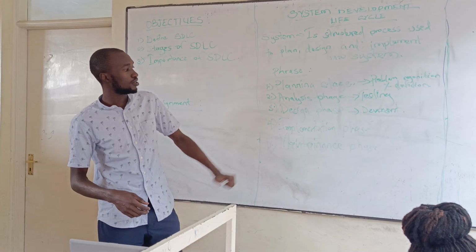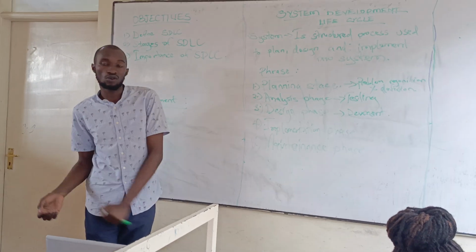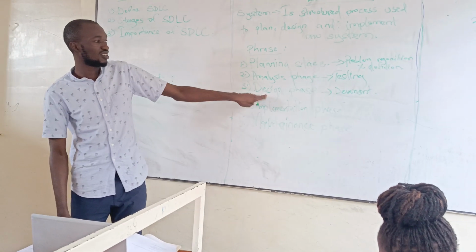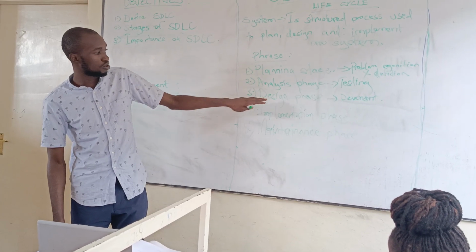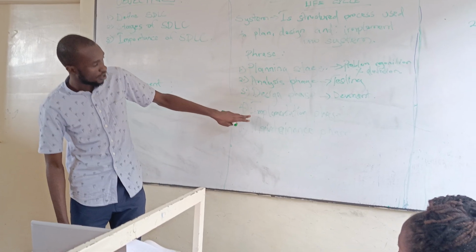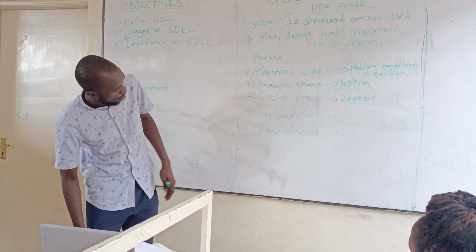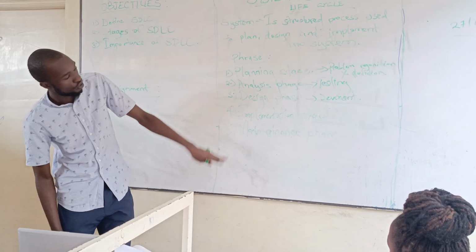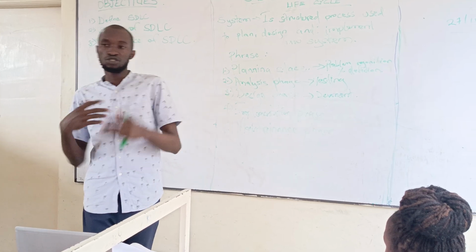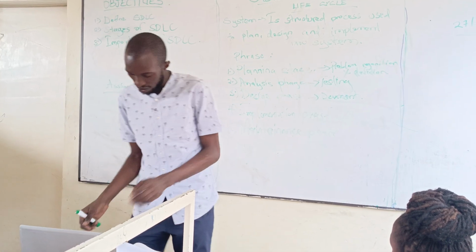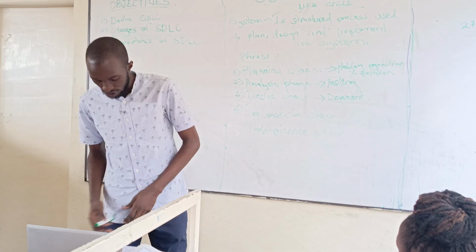They went through the analysis phase, then the design was implemented, and it was developed and implemented through AI. Then implementation, and finally the maintenance. Maintenance is done just for the continuation of the system to be proper and good.